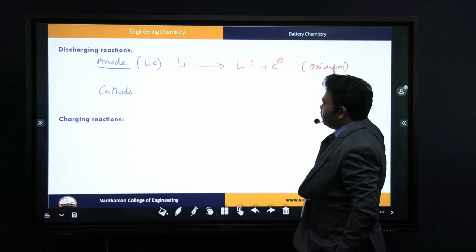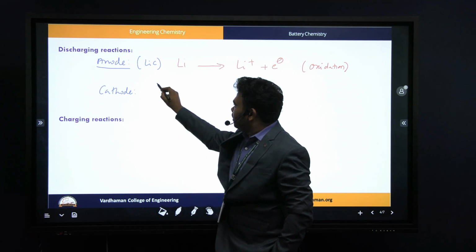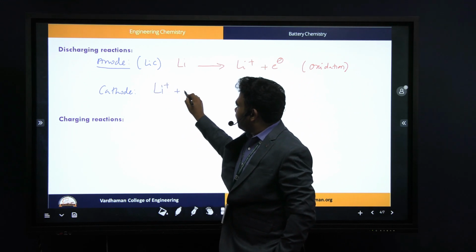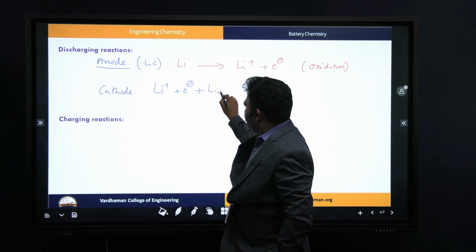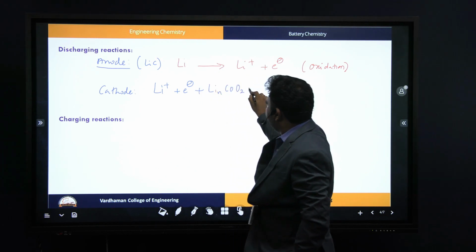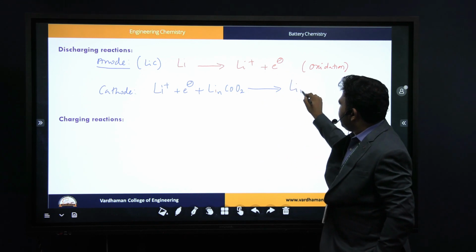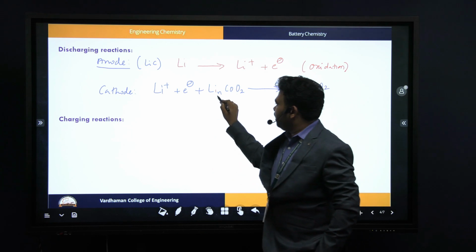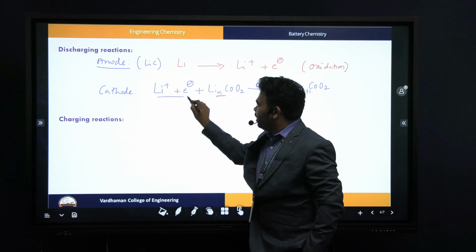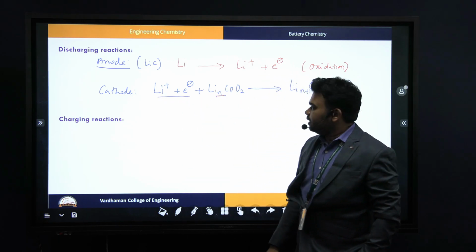In the cathodic reaction, the Li+ and electrons released at the anode combine with Li(n)CoO2, lithiated metal oxide, to give Li(n+1)CoO2. Why? Because n moles of lithium combine with 1 mole of Li+ and electrons.